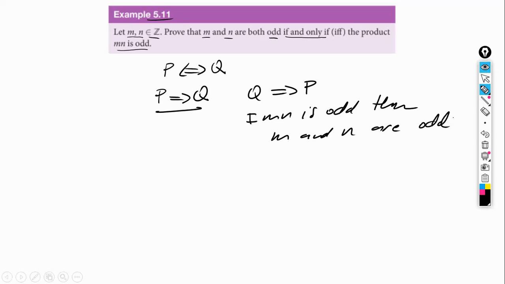Okay, let's assume that m is not odd and that m is equal to 2 times k. This would imply that m times n is equal to 2kn, but this is an even number, which cannot be true. So that means that both numbers need to be odd. So this is a kind of proof that can be called proof by exhaustion. We will try an alternative approach in section 5.3.